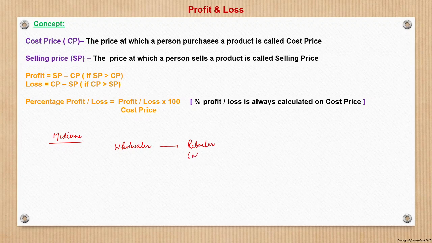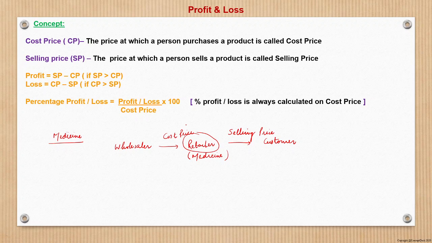By retailer I mean the medicine shop, and then the shopkeeper sells it to a customer, right? The price at which the retailer is purchasing from the wholesaler will be the cost price for the retailer. And the price at which the retailer is selling to the customer will be the selling price.